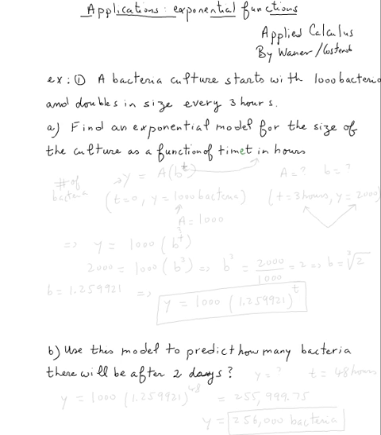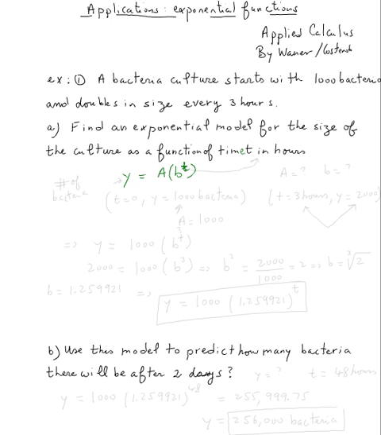t. So in other words, t of course is the independent variable, and the size or the number of bacteria is y. So by definition, since it's exponential, it's going to have the form y equals a b to the x, or b to the t.